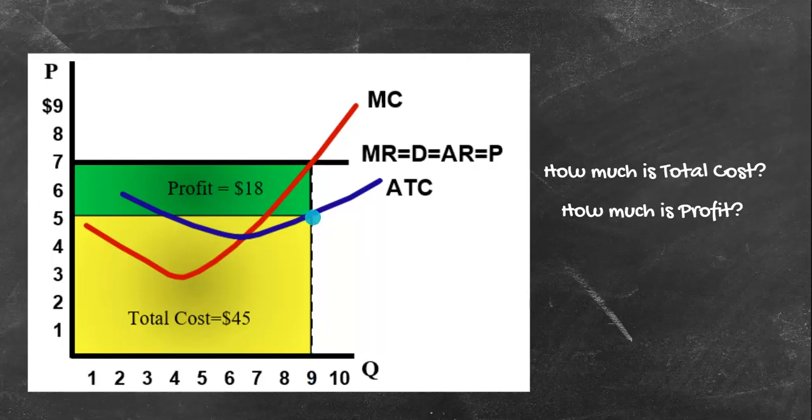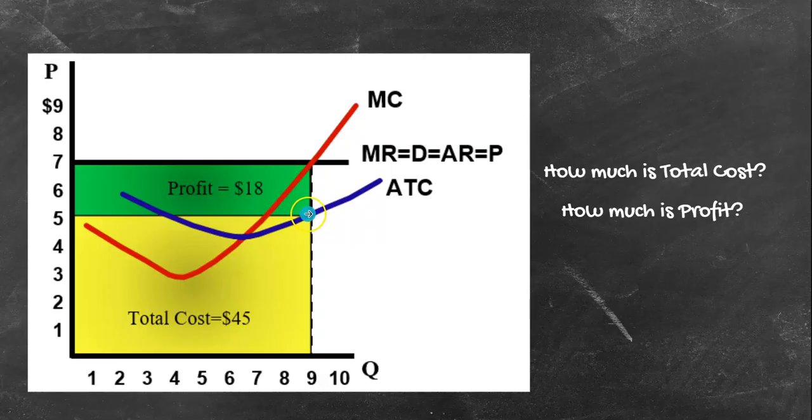And then what we need to look at is the price at which that quantity is on our average total cost curve. So if we're looking at this intersection here and we go straight down, this is where our average total cost curve hits a quantity of 9.